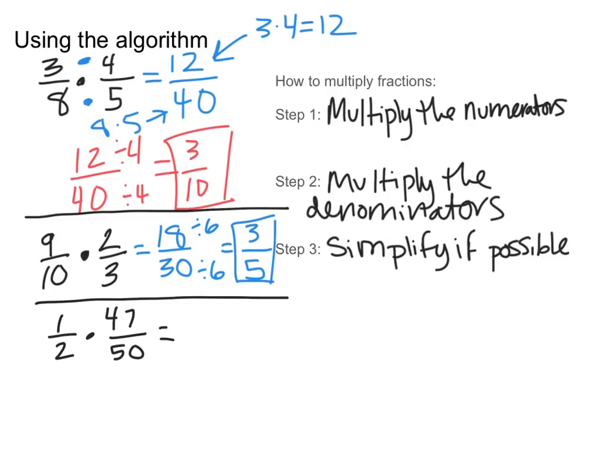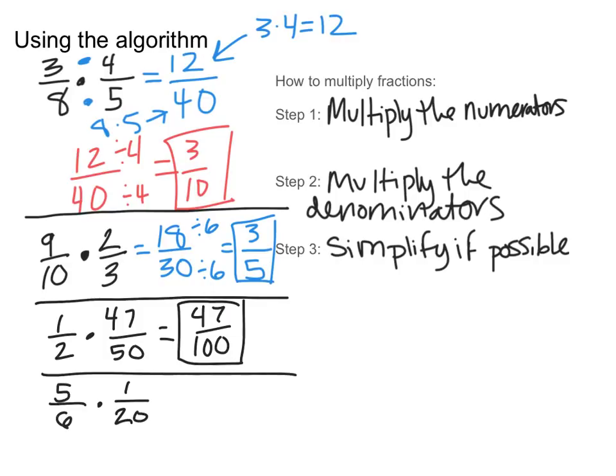Let's do another one. Let's do 1/2 times 47/50. Pause and do it now. I got 47/100ths, which cannot be simplified because 100 and 47 don't have any common factors. All right, let's do one more. Let's do 5/6 times 1/20.